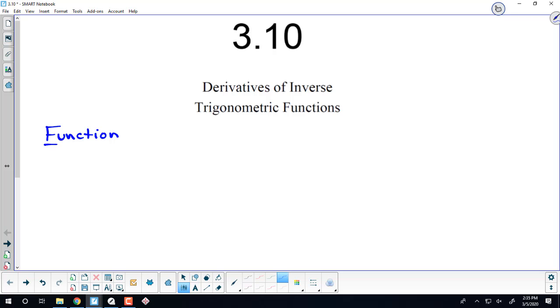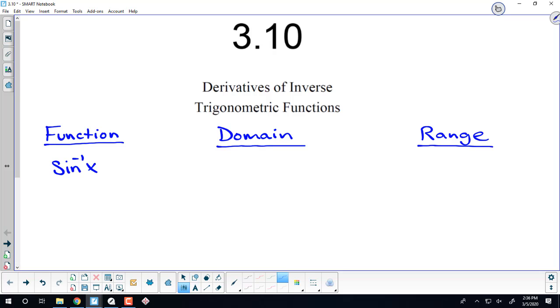But I think it's worth remembering the domain and range for the inverse trig functions, so we'll just put that here. For inverse sine and for inverse cosine, their domains are the same.